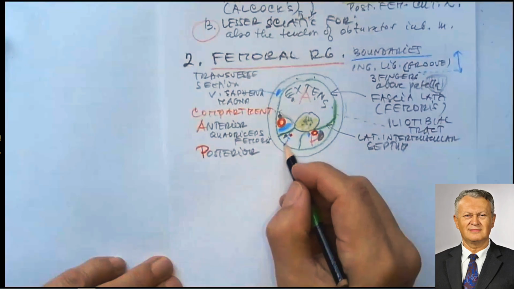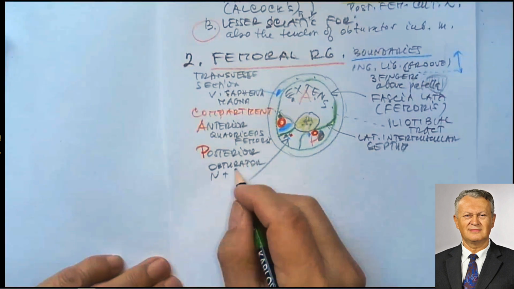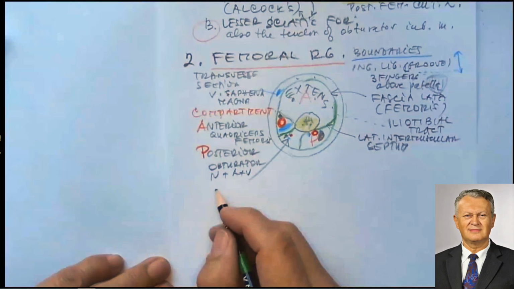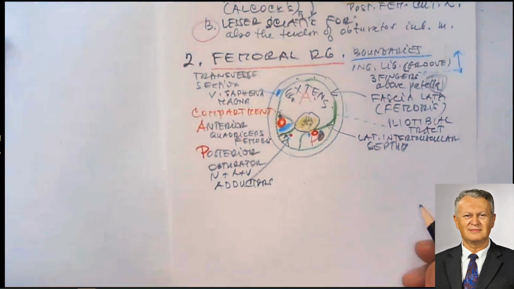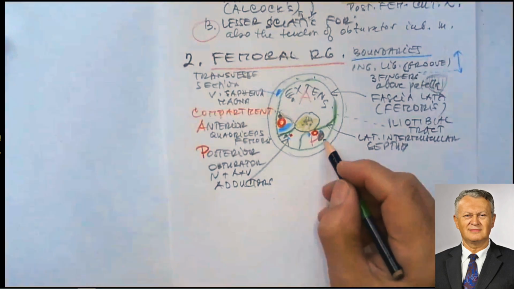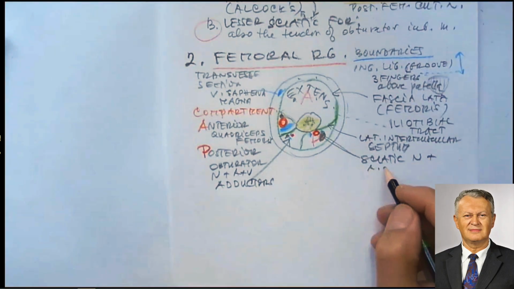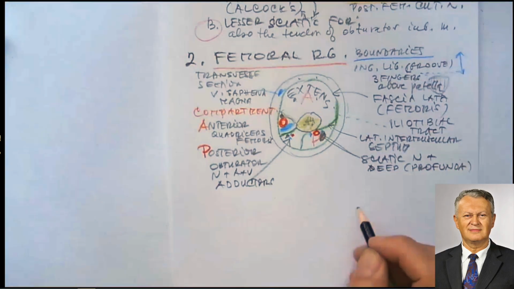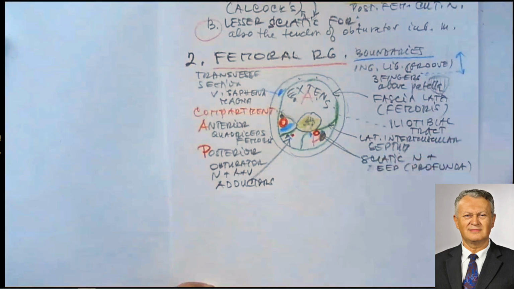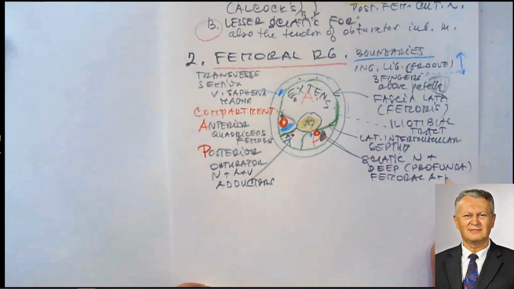This compartment contains, I will put it below, obturator nerve plus artery plus vein, and this is the area containing adductors of the thigh, so that means at the hip joint, and this here is the sciatic nerve plus artery, or better deep, profunda, because you can read it in the atlas, both names, deep, profound, deep femoral artery plus veins, arteria profunda femoris. Good.